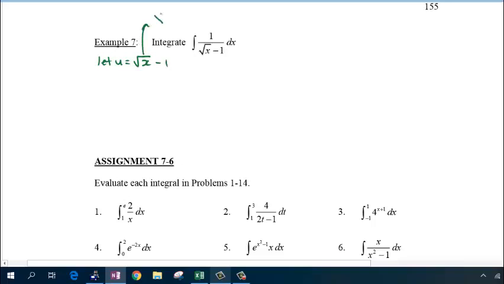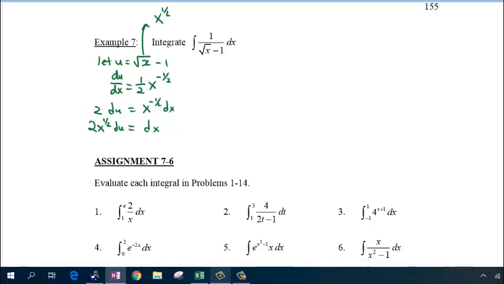Remember, that's the same thing as x to the power 1/2, so the derivative using power rule, 1/2 x to the power of negative 1/2. And then if I wanted to solve for dx, I guess I get du with a 2 on this side. And if I wanted dx by itself, I would move the x to the negative 1/2 to the other side, so that becomes x to the power of positive 1/2. And that's what I would have.